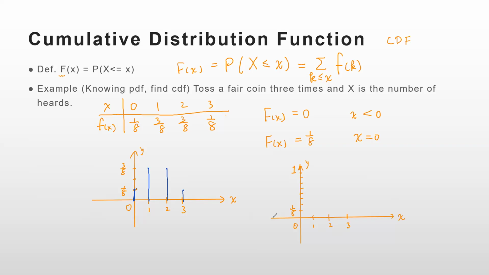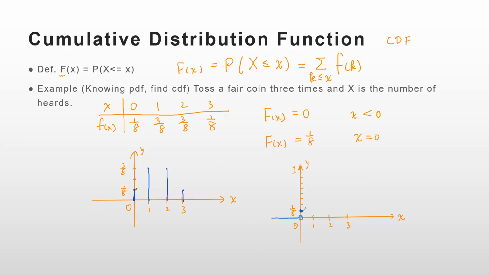When x is less than 0, certainly you have 0. There's no mass from negative something to 0, but when x equals 0, we have a jump here, something like this.